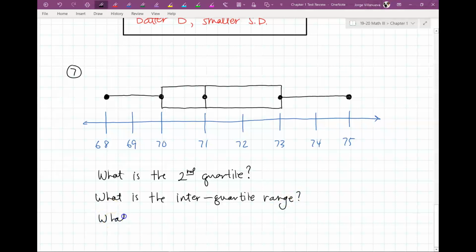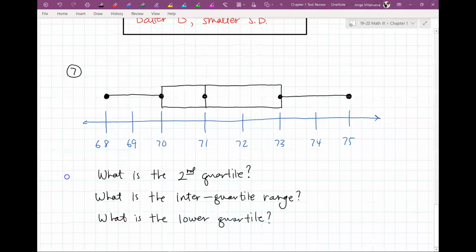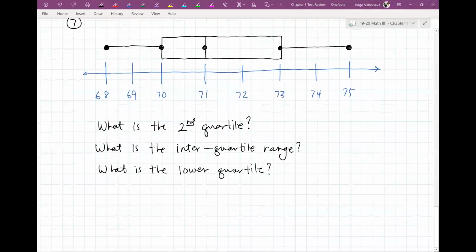And we'll say, what is the lower quartile? Let me pick this up a little bit for you. So 3 different questions. On your test, there will be 3 different problems that ask you these questions. And there might be different graphs as well. But we can take care of all 3 questions with one graph.